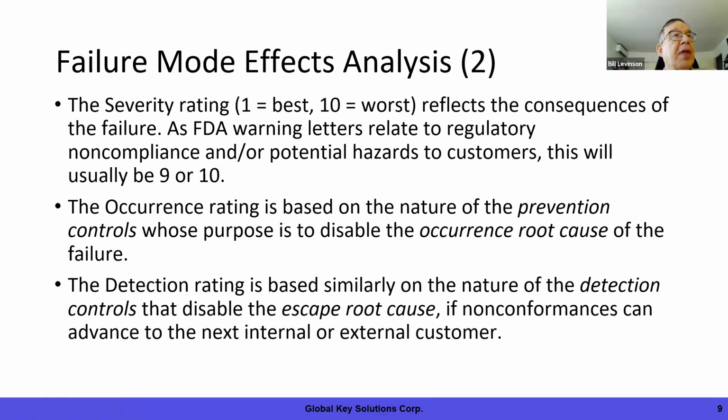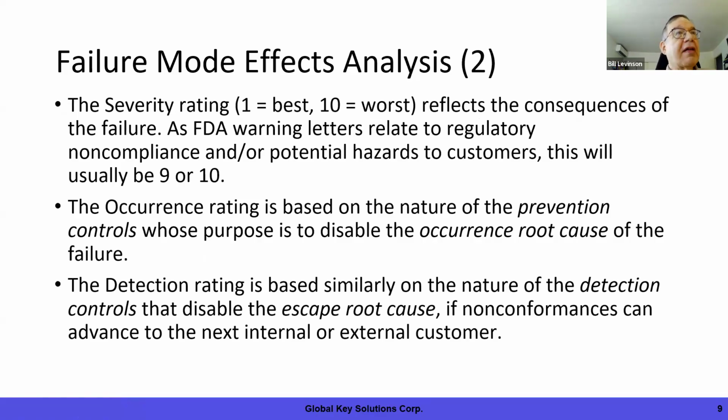Severity rating. This is probably going to be 9 or 10 for anything related to the FDA, because it affects customer safety and regulatory compliance. So we're generally going to be dealing with 9 or 10 severity ratings for failure modes.